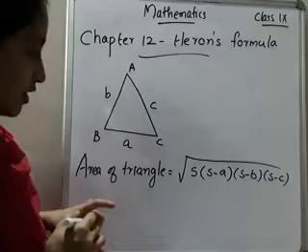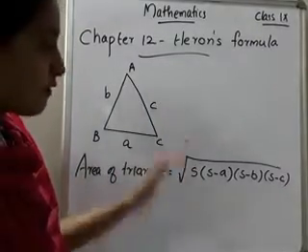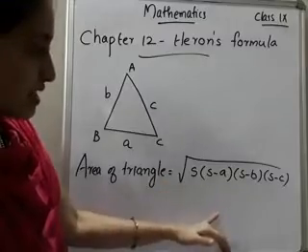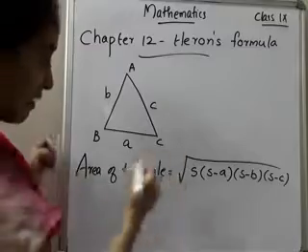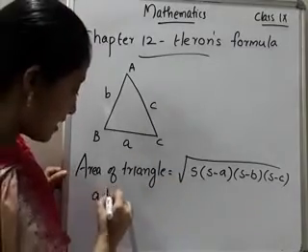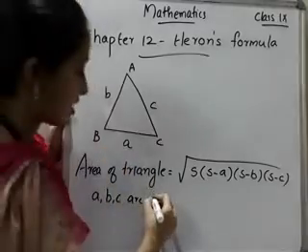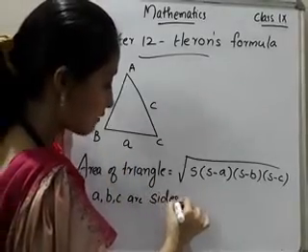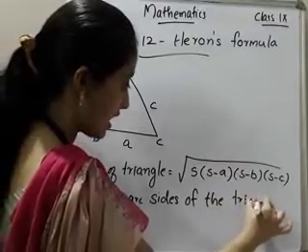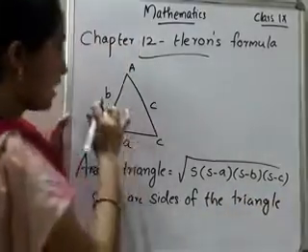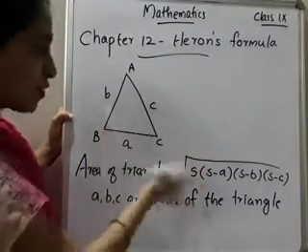Along with me please say, area of the triangle is equal to root of S into S minus A into S minus B into S minus C, where A, B and C are what? A, B and C are the sides of the triangle, and one more letter is not in here.